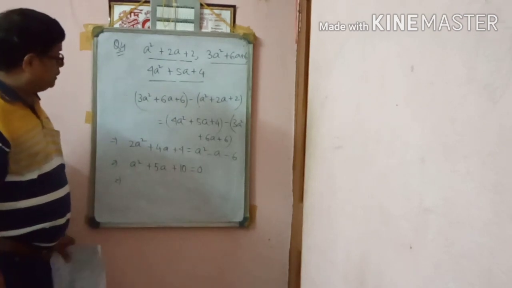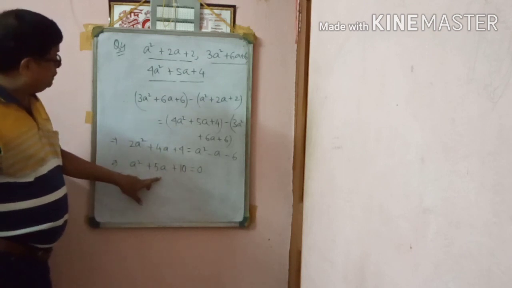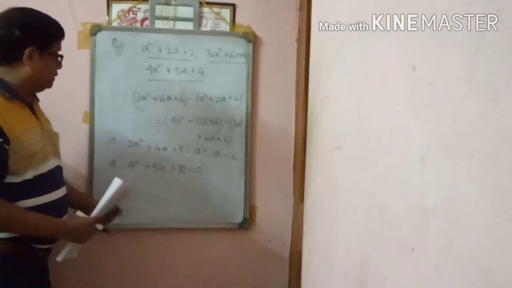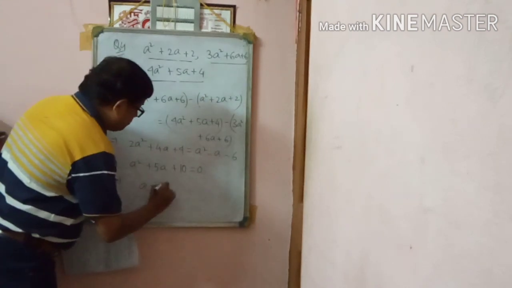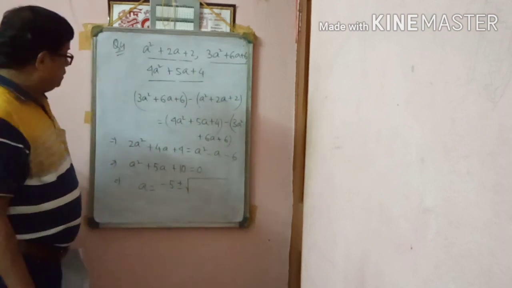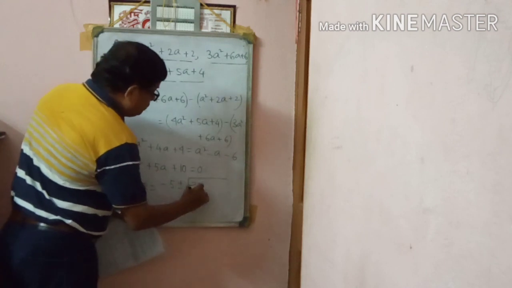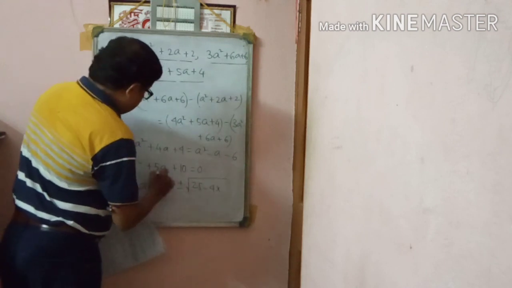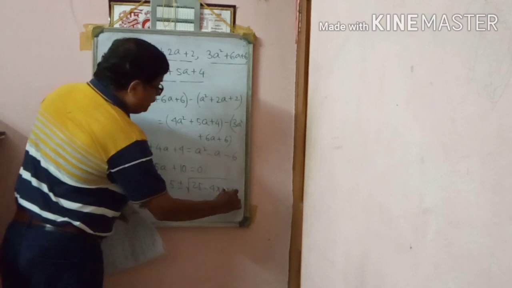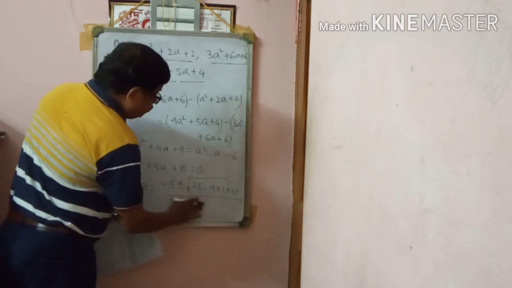So here a is given, so we can write a equal to minus b plus minus root under b square minus 4ac by 2a, that is b square 25 minus 4 into a means 1, c equal to 10, by 2 into 1.